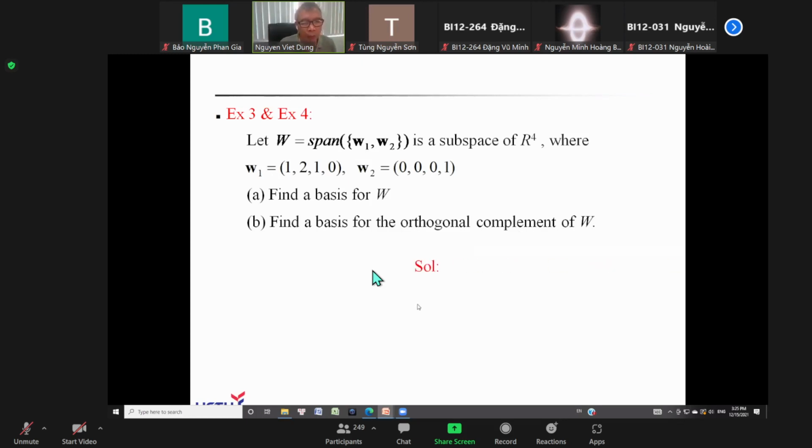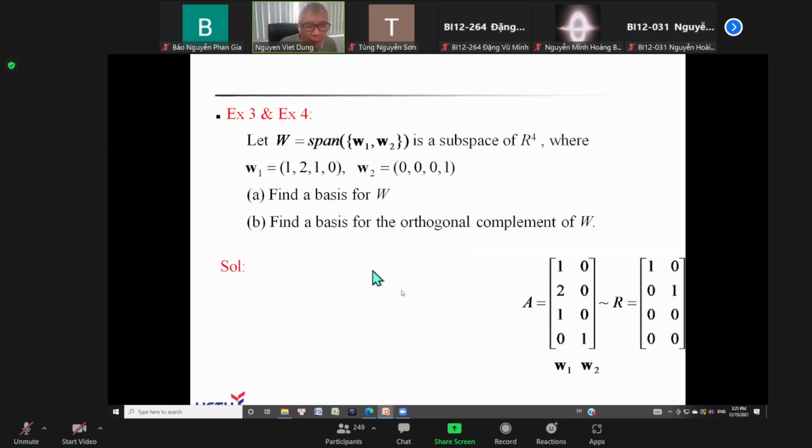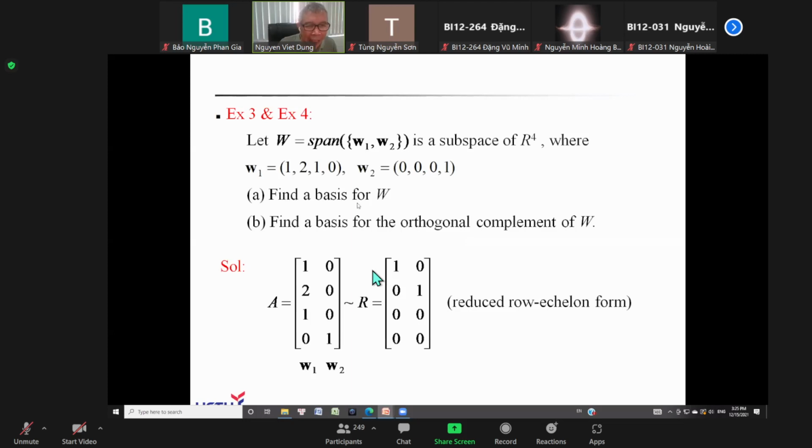The first exercise is very easy. You write the two vectors as columns, the first column and the second column here. If you apply Gauss-Jordan elimination, you get the reduced row echelon form like that.